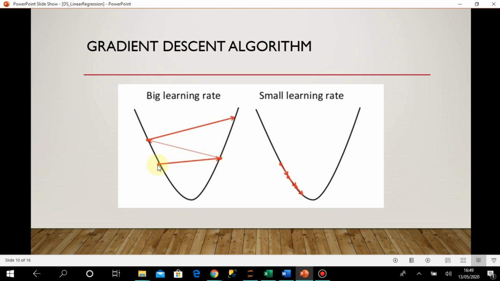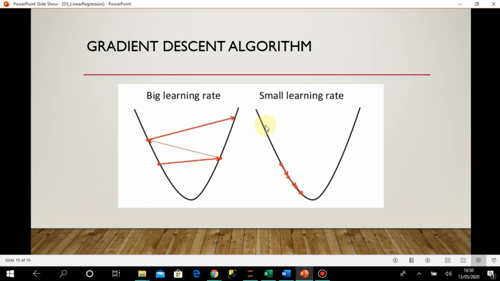I was here, but I could not move here; instead I went to some other point, and then after the change I again came here, and after the change again here. This way I am moving very fast, but maybe this minima I can never reach. So that is the problem with a big learning rate.